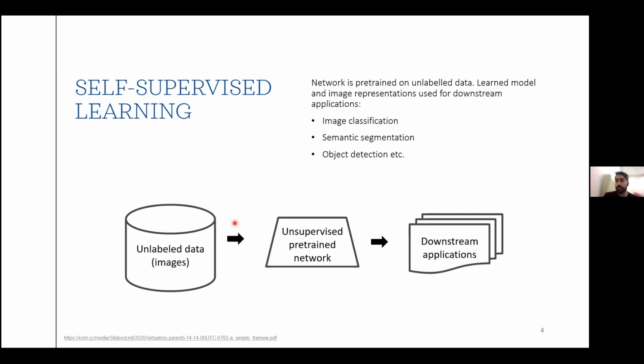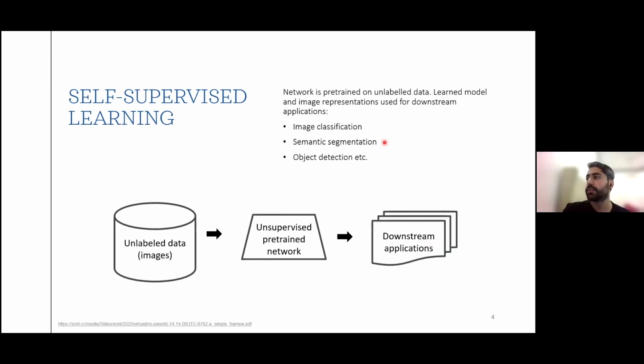Sometimes it's a manual task which becomes boring and can cause human errors, which is very natural. So instead of labeling the data, we just use the unlabeled data, train a pre-trained network unsupervisedly, and then use it for downstream applications like image classification, semantic segmentation, and object detection.